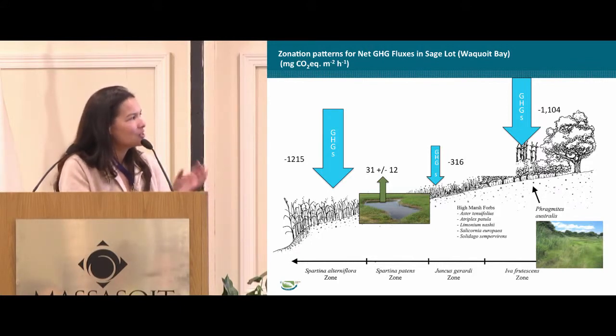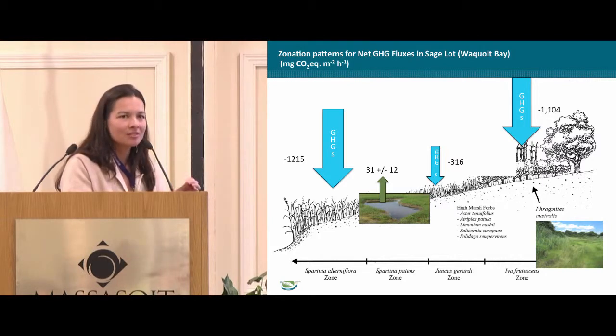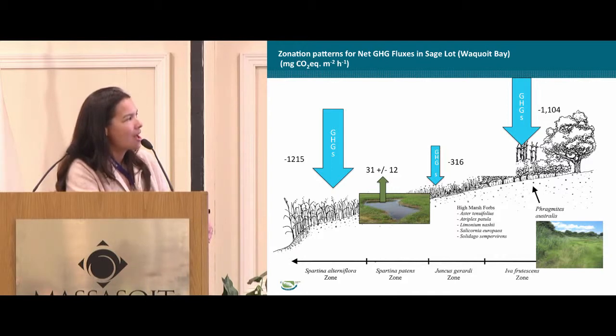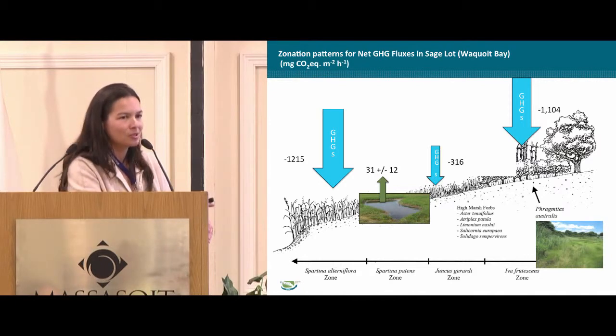These numbers are after some correction for the relatively small methane fluxes that are observed. And what we would say is that the hotspot for CO2 uptake would be the low marsh Spartina alterniflora zone and the invasive Phragmites zone. And potentially some of these ponds are actually sources of CO2 rather than sinks.